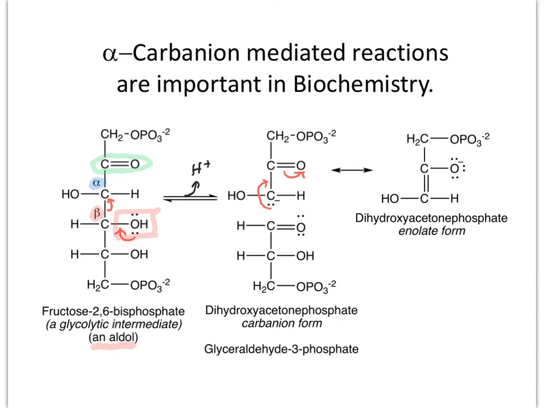So these carbanion-mediated reactions in terms of making or breaking carbon-carbon bonds in biological reactions, that's probably the second most important set of reactions from organic chemistry that we can carry into biochemistry. There are lots of nucleophilic acyl substitution reactions, and now we can talk about carbanion-mediated bond-making and bond-breaking reactions as being really important in biological processes.